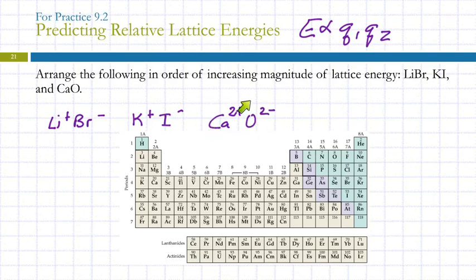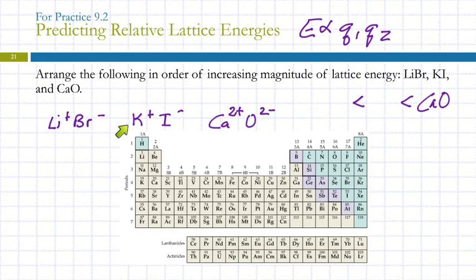So this one's going to have the largest lattice energy because it's got the largest charges. So again, we're doing that in order of increasing. So we're going to put the big one at the end. So calcium oxide's the big one, and then we've got to pick the other two. You can really only compare two things at a time, right? So we got that one out of the way. That one was clearly the biggest, and then we've got to compare these two.